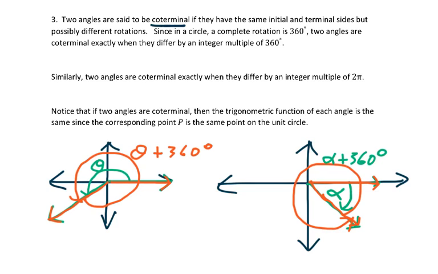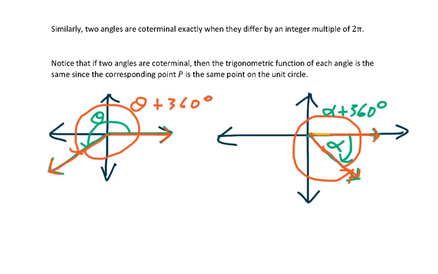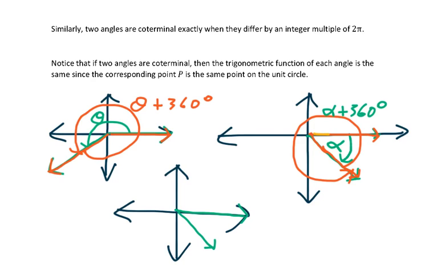If I instead rotate alpha, let me see if I can fit this in here. I know this video is a little long, and I'm sorry about that. But now, if I decide to subtract 360 from alpha, again I have the same initial side.